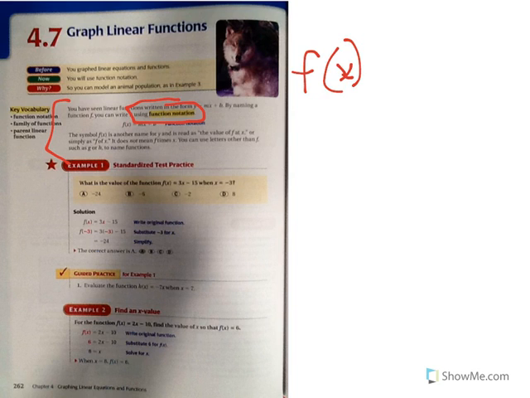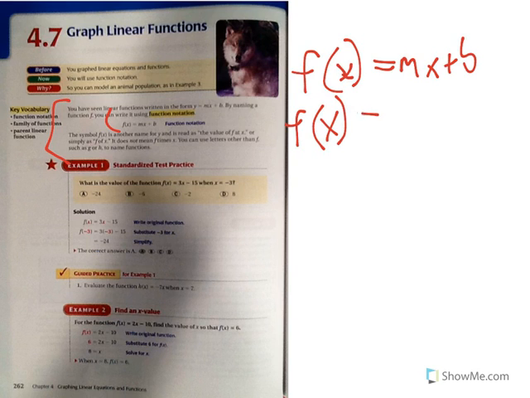What I mean by that is that if you have something that says f of x, with the x in parentheses, equal to an equation like mx plus b, that's function notation. So it could be f of x is equal to 3x minus 2.